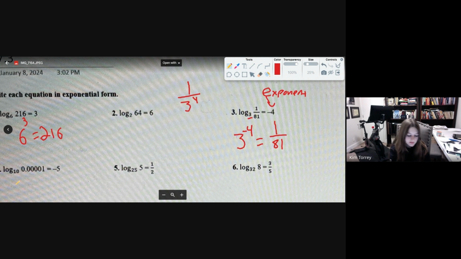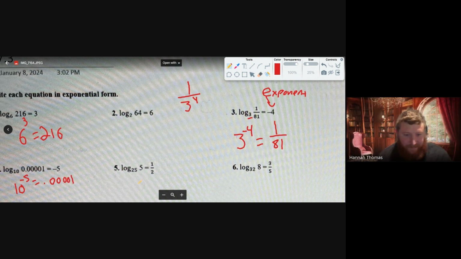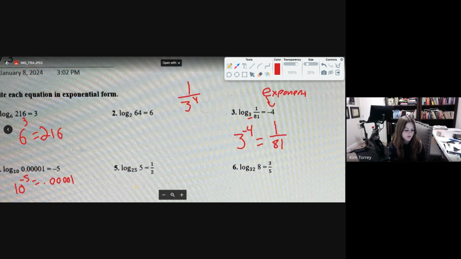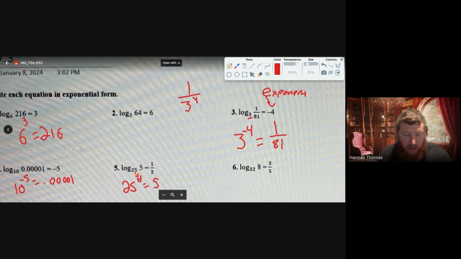So it'd be 10 to the negative 5th power equals 0.00001. And for number 5, it would be 25 to the 1/2 equals 5. And when you have an exponent like this, it's the same as saying the square root. So 1/2 is the same as the square root of 25, which is why we're getting 5 as the answer.